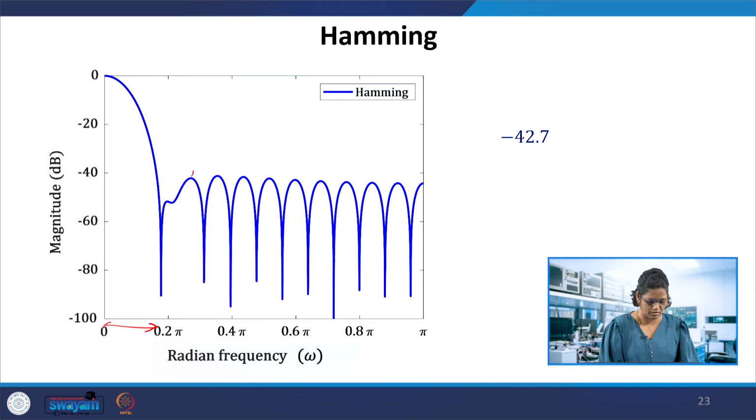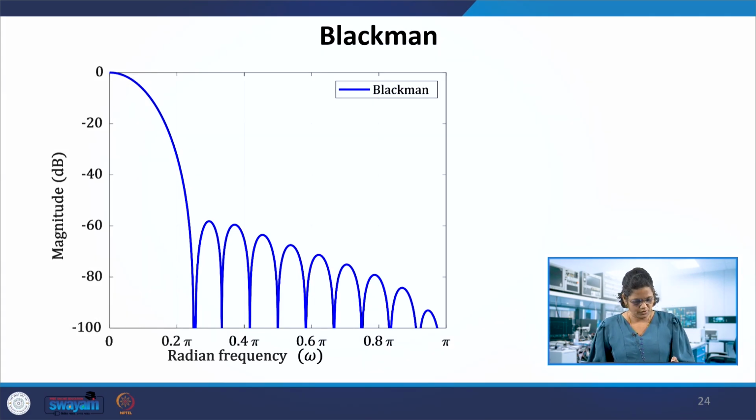Still, that width is different from the rectangular window, which is narrower. In the case of the Blackman window, which has a good roll-off rate, it is minus 58.1 dB here. So there is good suppression of the ripples, but the width is more, just more than these cases of 12 pi. So the main lobe width increases.